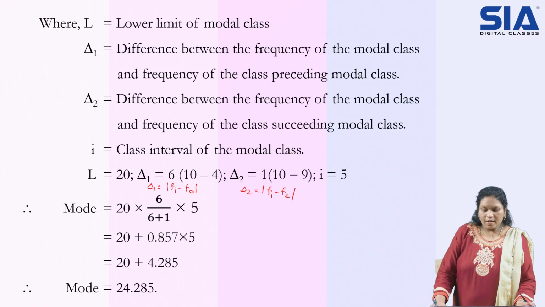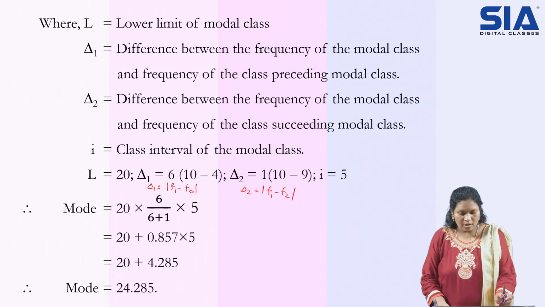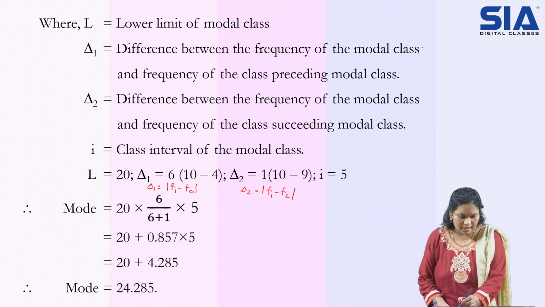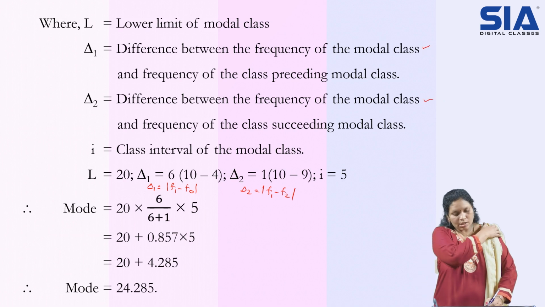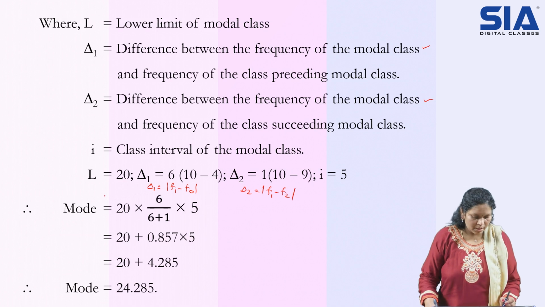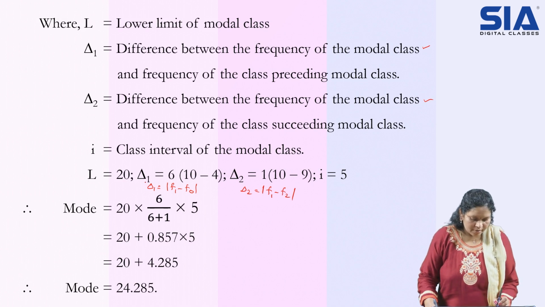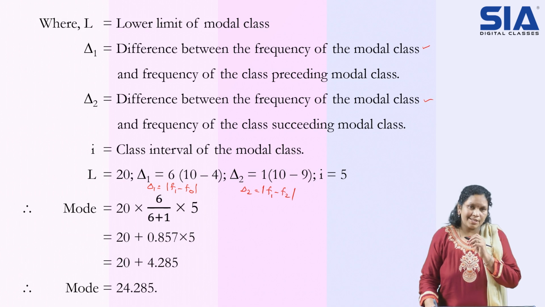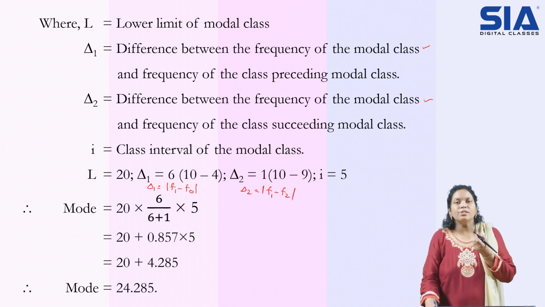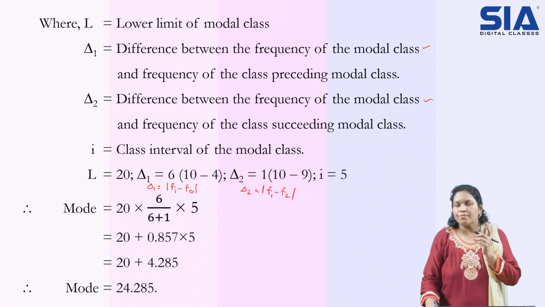Now let us go for the formula substitution. Check it out here, how we are getting delta 1 and delta 2, I have written here. You can check out the steps also. So let us go for the substitution. Delta 1 is the difference between F1 and F0, right? Mod means if you are getting negative values, you have to consider them as positive, not negative.